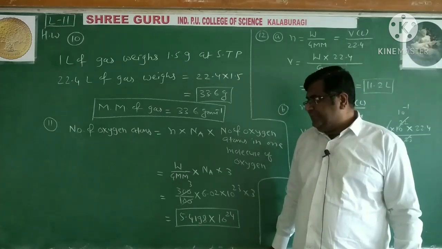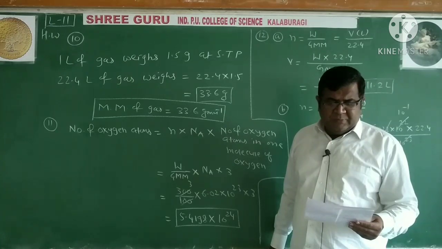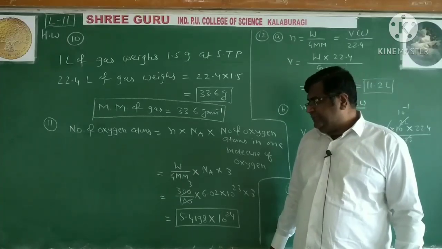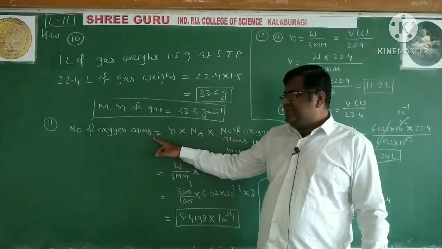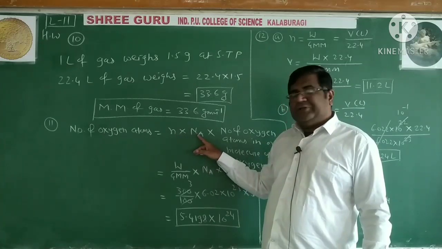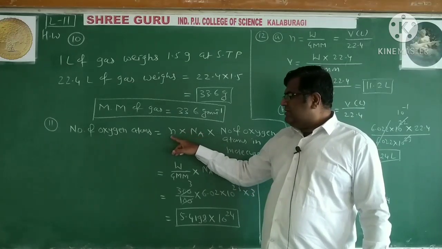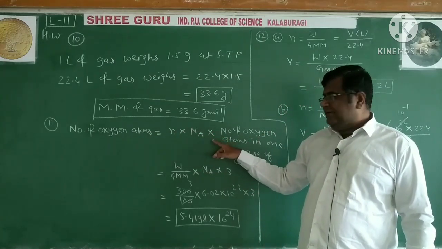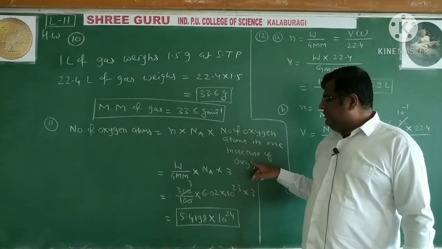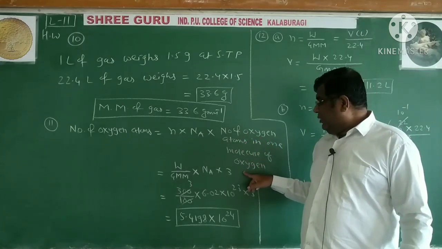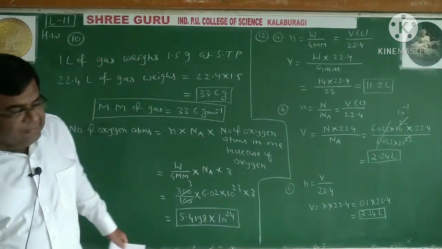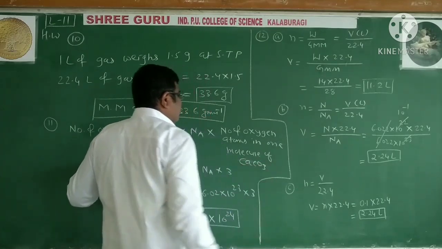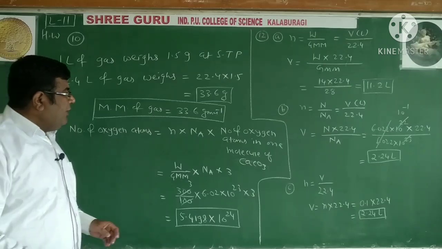The another one was, how many atoms of oxygen are present in 300 gram of calcium carbonate? So number of oxygen atoms is equal to number of moles into Avogadro number, but that gives us the number of molecules. They ask atoms, so multiply by the number of oxygen atoms in 1 molecule of calcium carbonate, CaCO3.